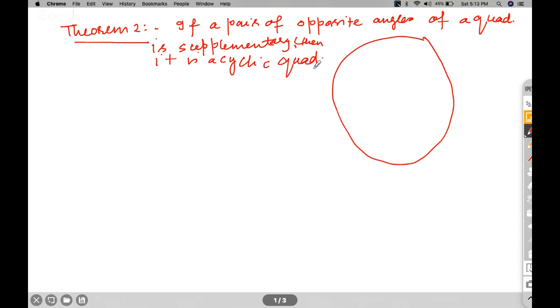It is the converse of the first theorem. And for this, you know that I have to prove that 4 points are on the same circle. So one of them I will not take on the circle.